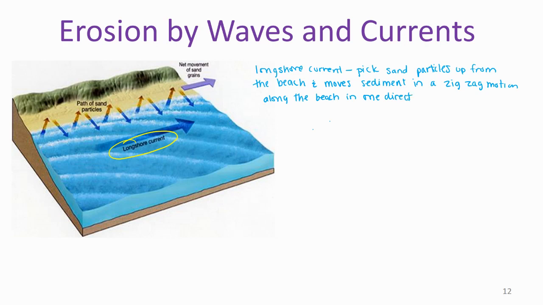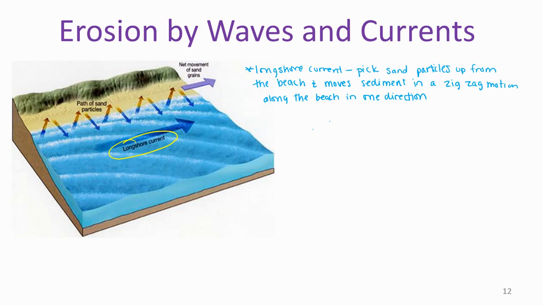So this is why areas downstream of the longshore current will probably have bigger beaches, because that's where the sand is going to be piling up. And then upstream of the longshore current, the sand is being taken away, so the beaches might not be as wide.